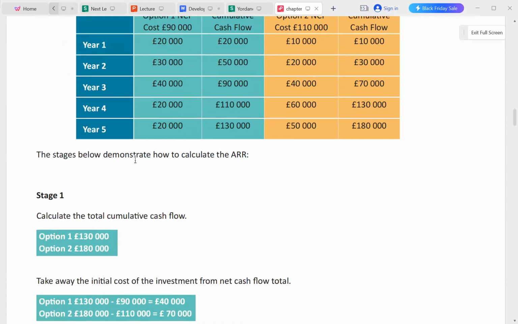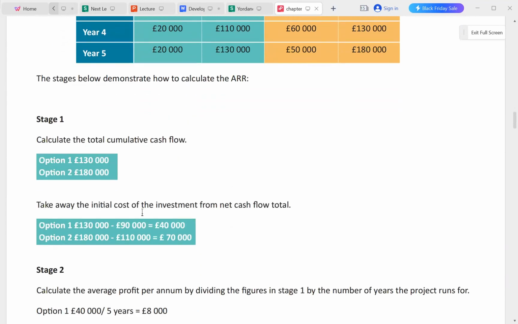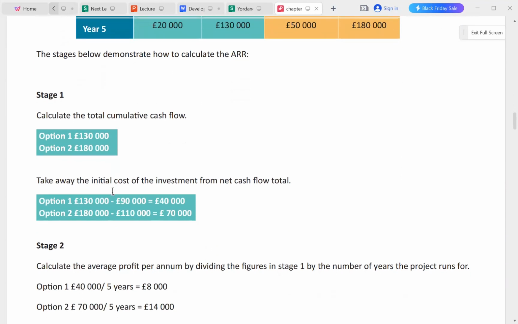Stage 1 demonstrates how to calculate the ARR. Calculate the total cumulative cash flow, which we did: for the 90,000 investment we get 130,000, and for the 110,000 investment we get a cumulative 180,000. This is option 1 and option 2. Then take away the initial cost of investment from the net cash flow total. This is what we invested initially, which is why it is negative, because we put in cash.